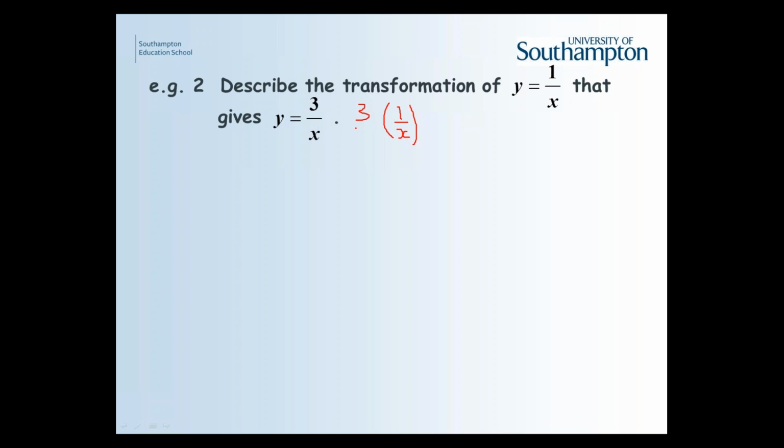So it's some number multiplied by the original function. So that's the first type, basically, that we looked at. That means that it will change all the y values and multiply them by 3. So it will be a stretch of scale factor 3 parallel to the y-axis.